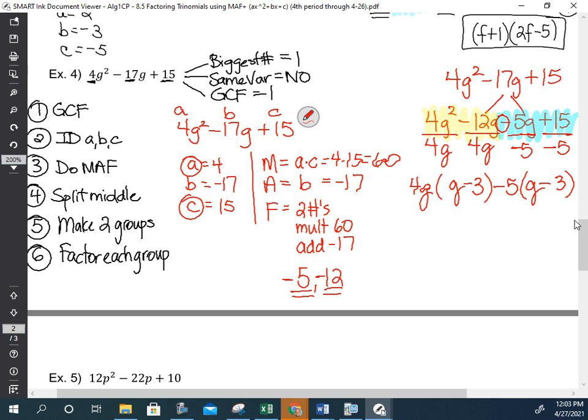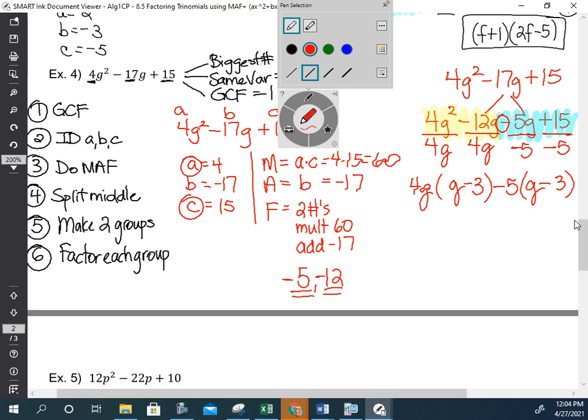What did I tell you should happen if you did this correctly? See who was paying attention yesterday. You go back and look at your notes. Right now with step number 6, the parentheses should match.